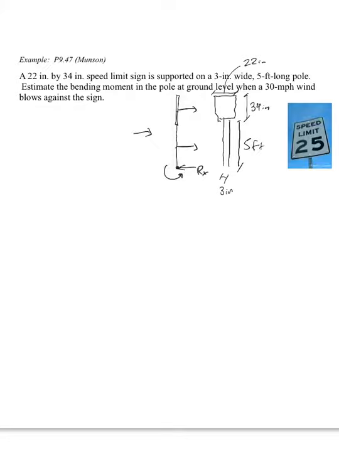And so as far as dimensions go, this one is halfway up, so we've got this at 2.5 feet. This one is at 17 inches up the sign plus the 5 feet, so we're at 5 plus 17 divided by 12 feet.